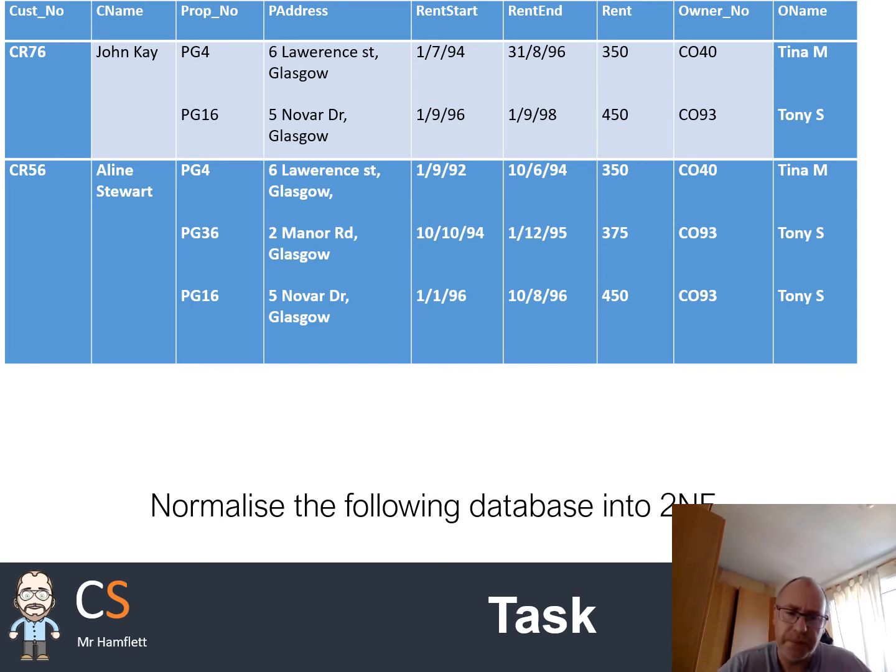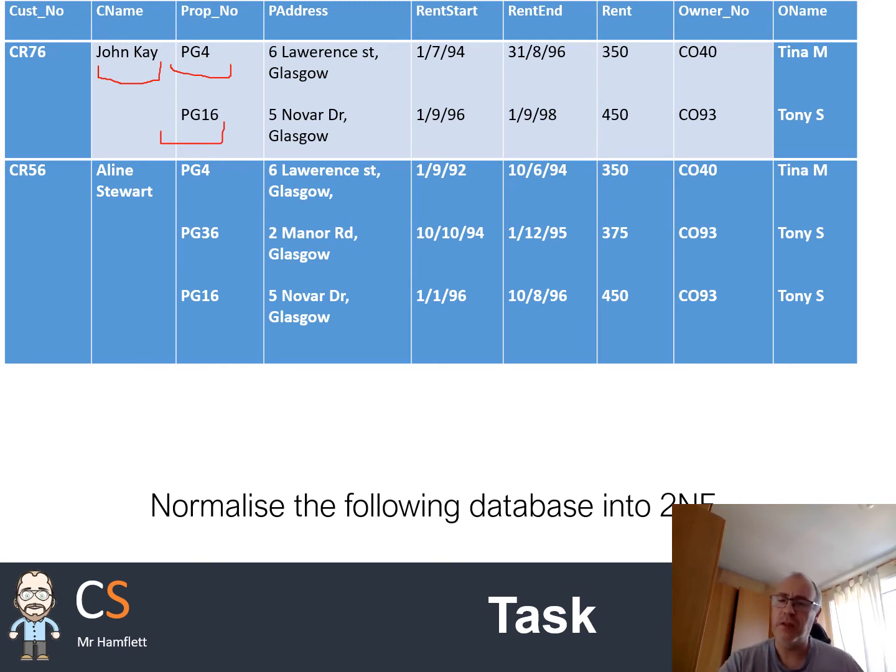Okay, so what this database is showing is essentially people renting properties. So we've got John K here, and what he's done is he's rented 2 properties. Now, what this really means is, I can move house, can't I? So I might rent one property, 6 Lawrence Street, live there for a little bit, and then I move to a brand new property.